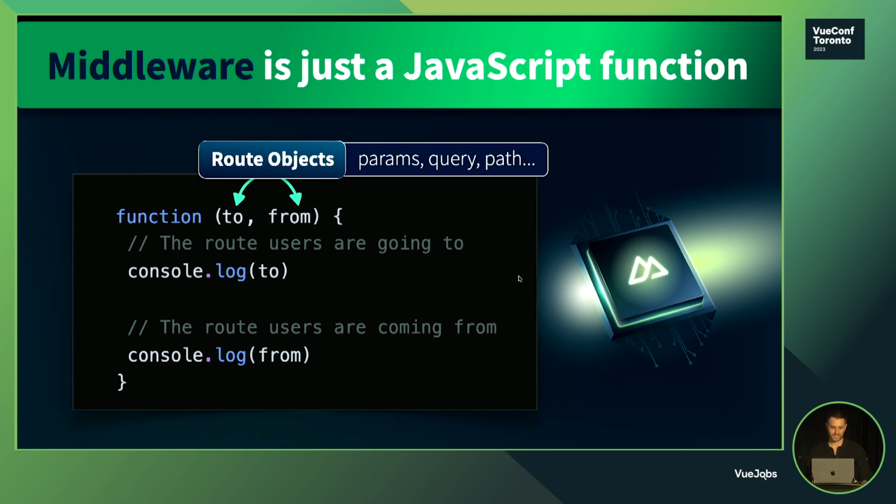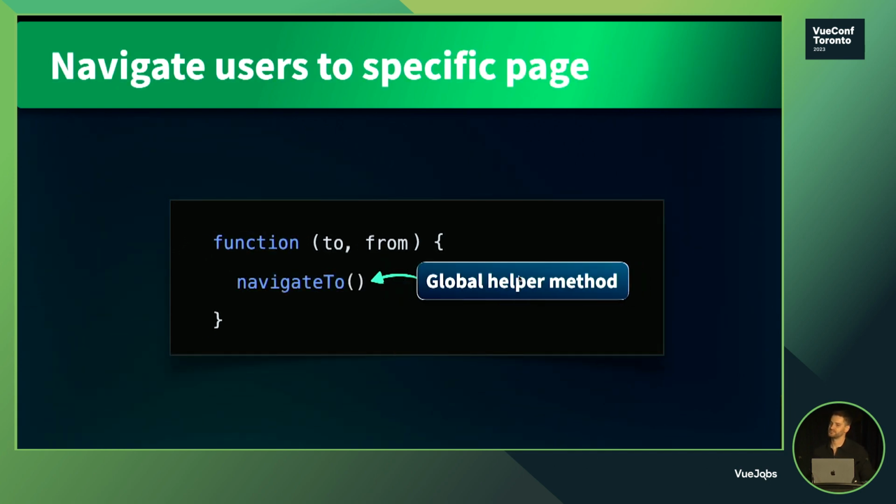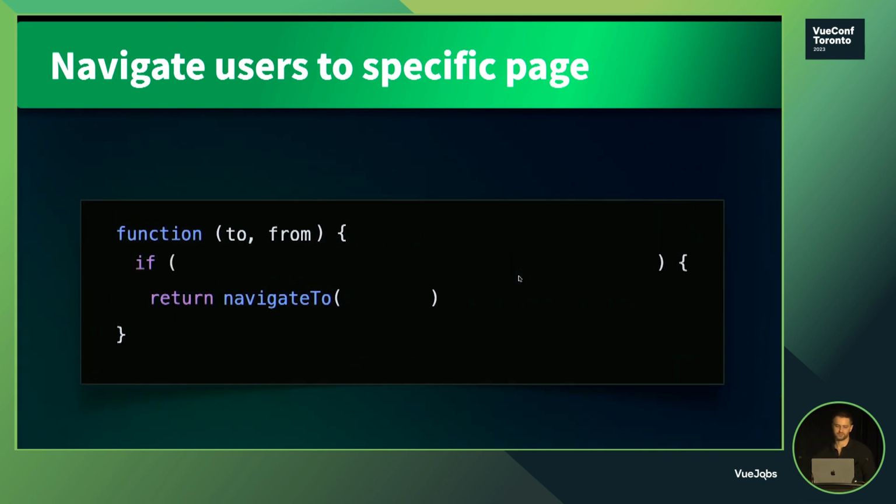So what is a way that we can be using middleware? A common use case is to navigate users to a specific page, based on whatever condition. To achieve this, we're going to use the Nuxt middleware global helper method called navigateTo. So let's say, for example, we want to check if our user is an admin, and if they are not, we would redirect them to a login page.